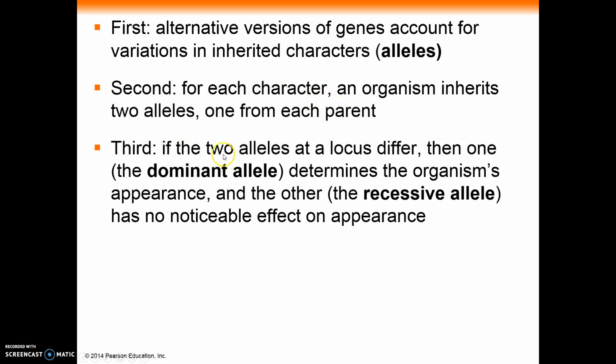Third, if two alleles at a locus differ, then there will be one dominant allele, which will determine what that organism looks like or its appearance. The other, what we call recessive allele, will have no impact on appearance. And we'll explain why that is here in a moment.